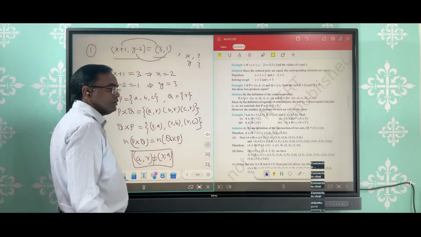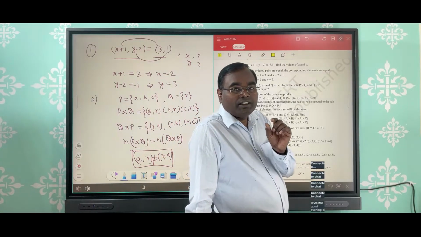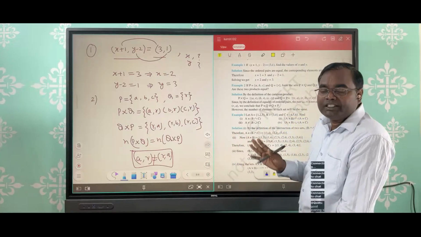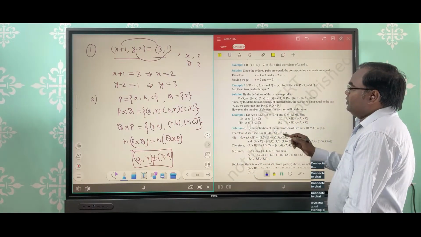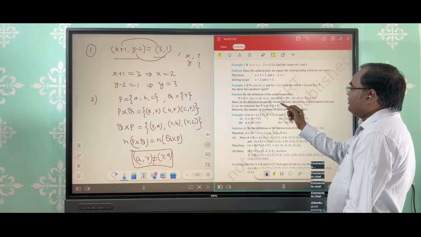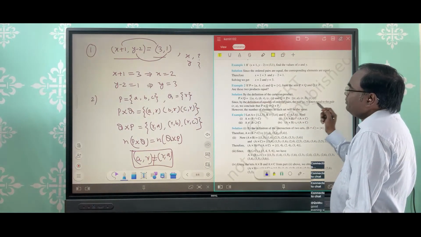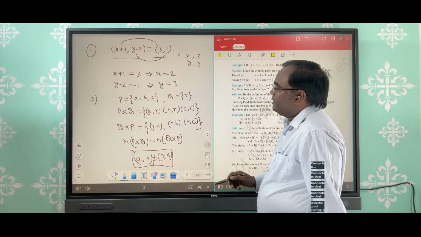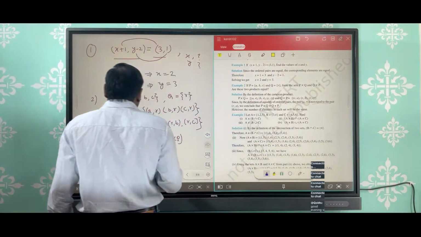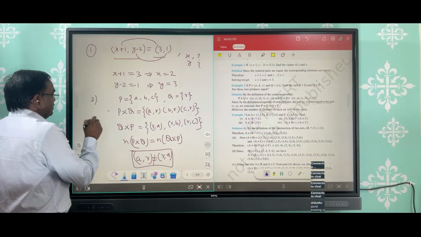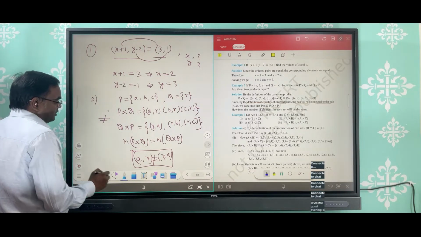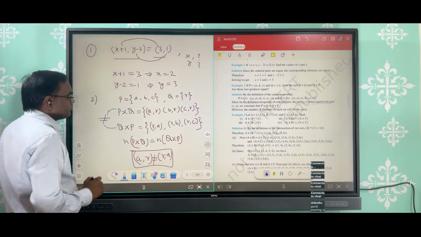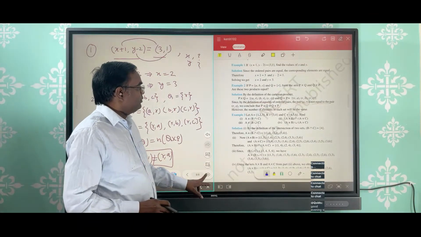If R and A themselves are not equal to each other, then the pairs will definitely be different. So, by the definition of equality of ordered pairs, the pair AR is not equal to the pair RA, we conclude that P cross Q is not equal to Q cross P. Okay. So that is question number 2.